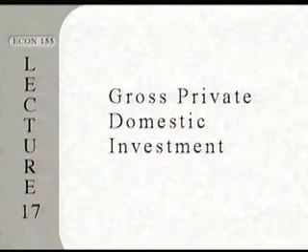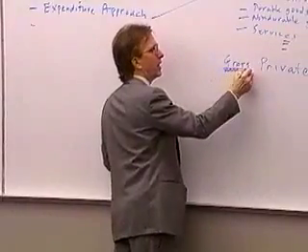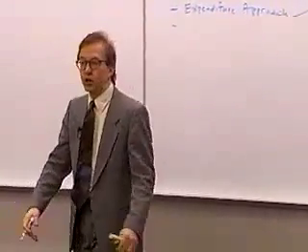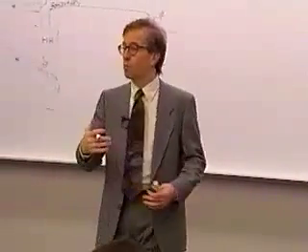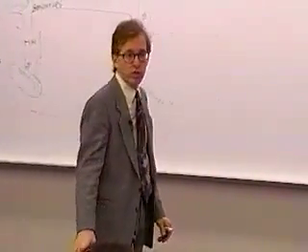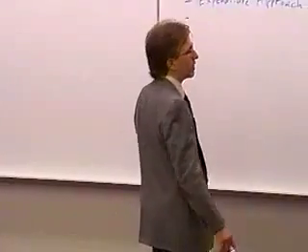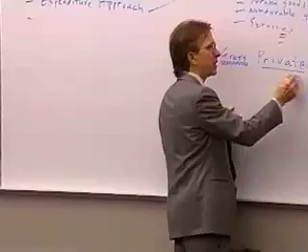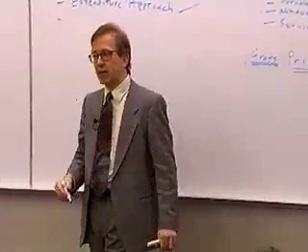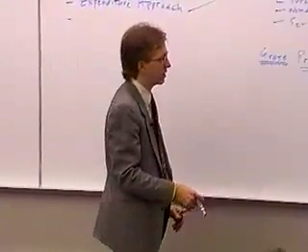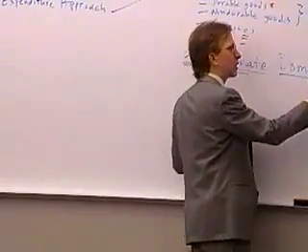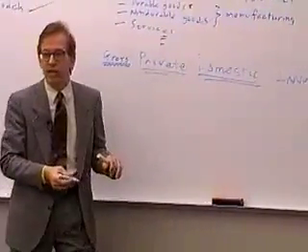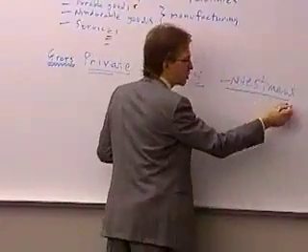We won't talk about the gross right now, but gross investment includes some investment that takes place just to replace worn out goods. That is to say, if there's depreciation, we have to replace those, and so that's why we say gross. Private, this is investment by the private sector, not by the government, which is the public sector. Domestic, I think we know what that means. That's investment within the United States. And then investment is what we're really talking about.